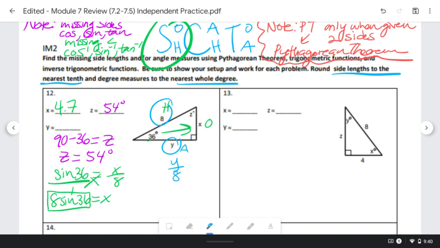That's going to be cosine of 36. Again, I put this over 1, cross multiply, 8 cosine of 36 equals y. This is what I'm plugging into the calculator, and I will get 6.5 if I round to 1 decimal place.